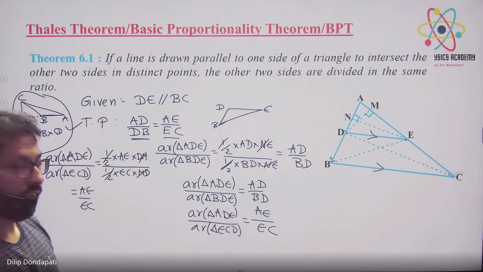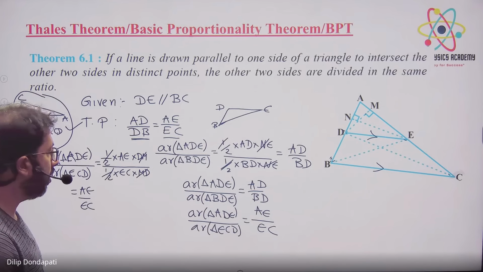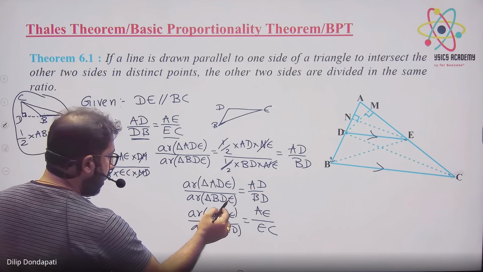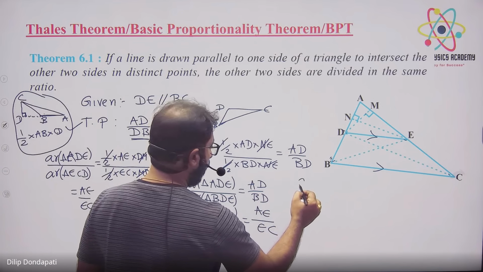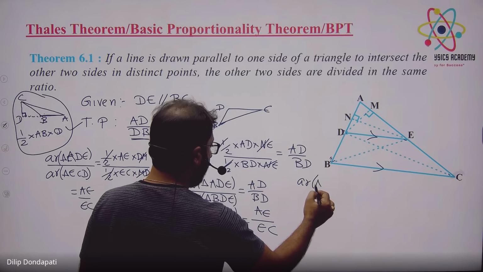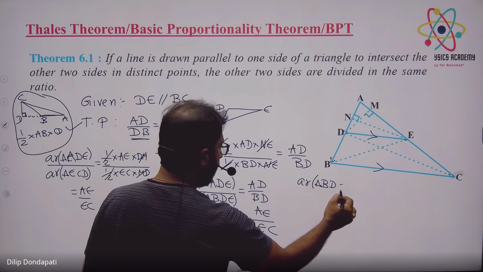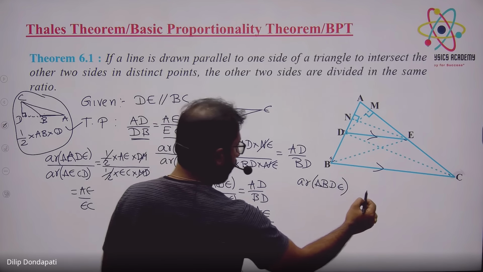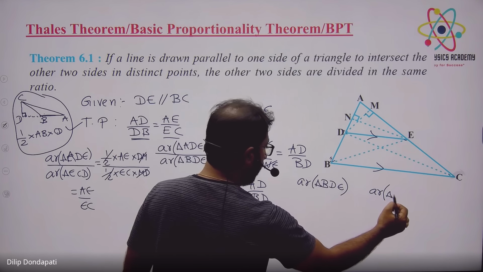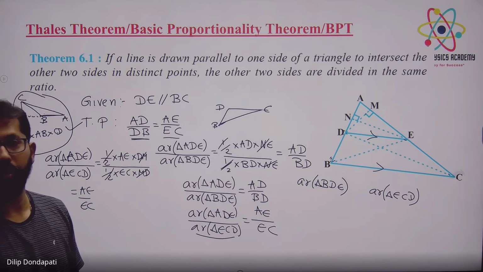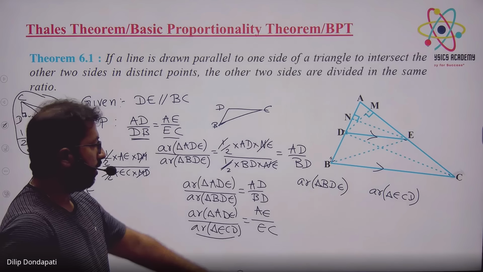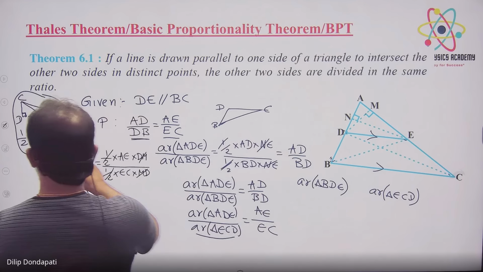Okay. Denominator kaisa equal hoga? Anybody tell? Area of triangle BDE and area of triangle ECD. ये दोनों equal prove करने का. ओके, देखो BDE, देखो किधर है BDE?